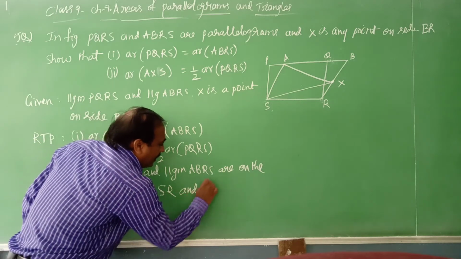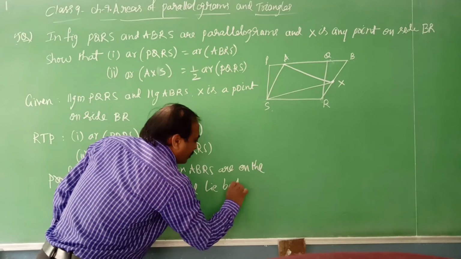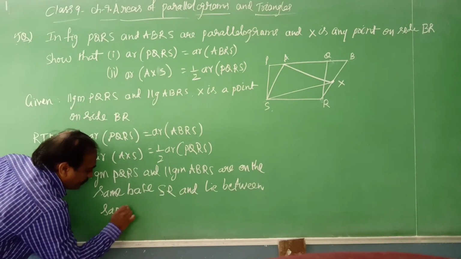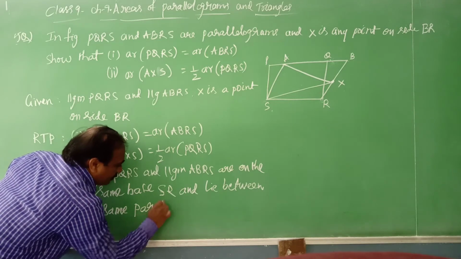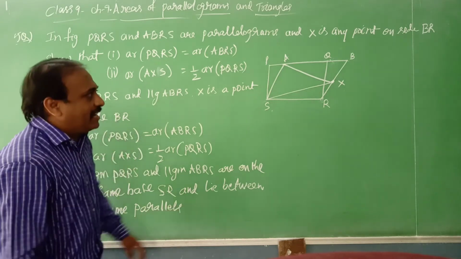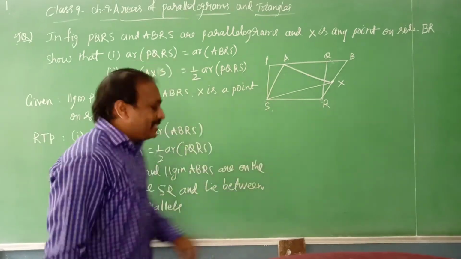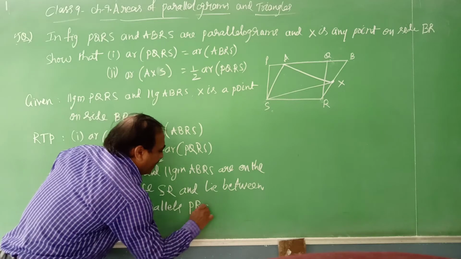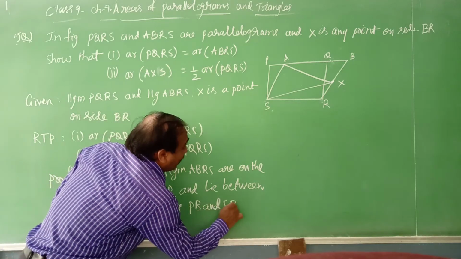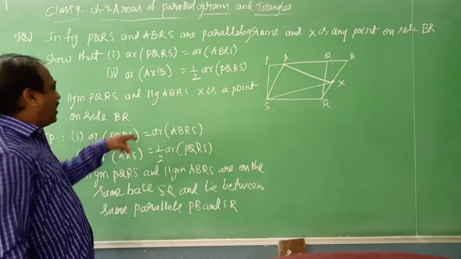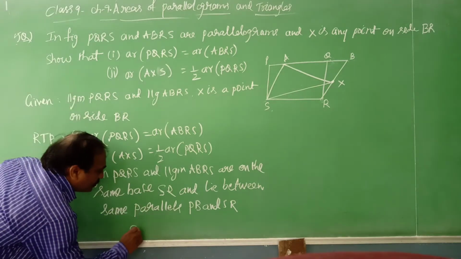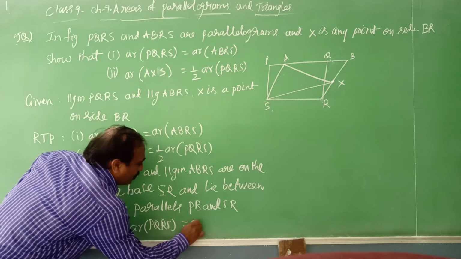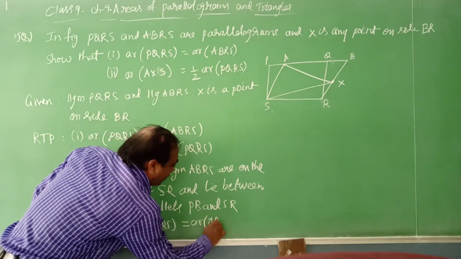And they lie between the same parallels. What are the parallels? PB and SR. Therefore, area of PQRS is equal to area of ABRS.